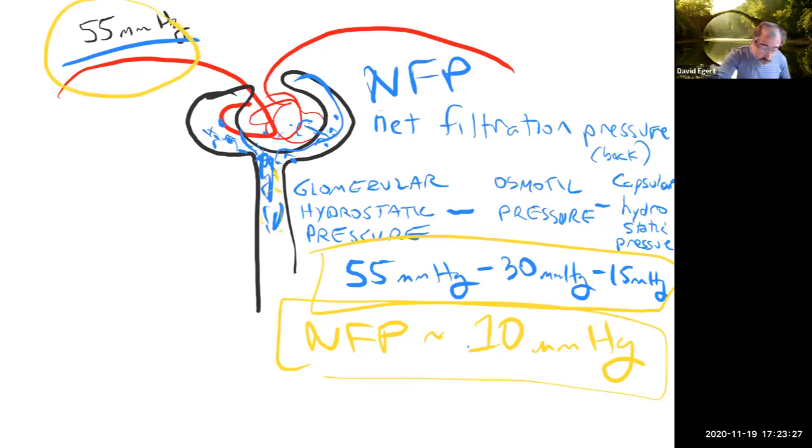This is why your kidneys really care about keeping your blood pressure high enough, because if this is not adequate, you're not going to have your kidneys working. In fact, if your blood pressure drops too far, what do I have on regulation?